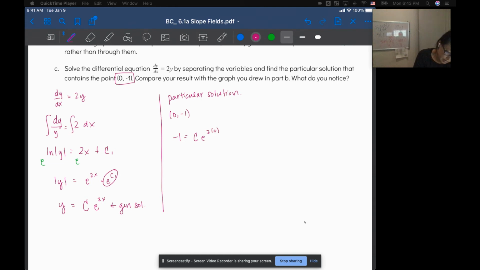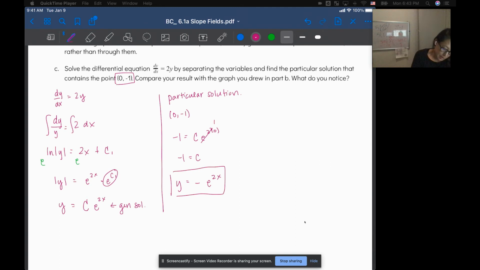So that's e to the 0, which is 1. So I get c is equal to -1. So my particular solution is y is equal to negative e to the 2x.